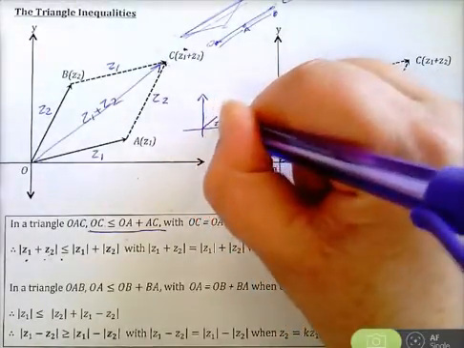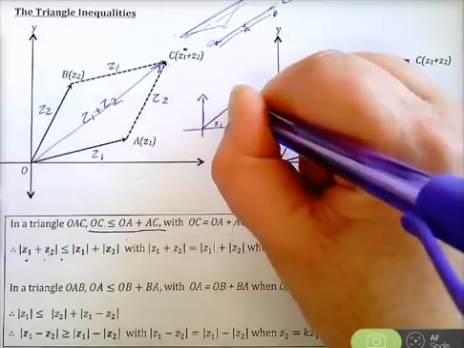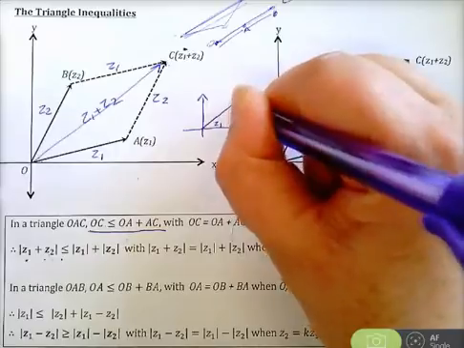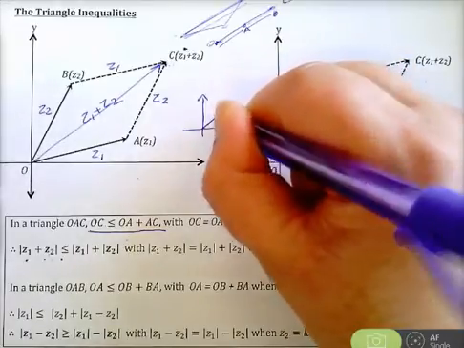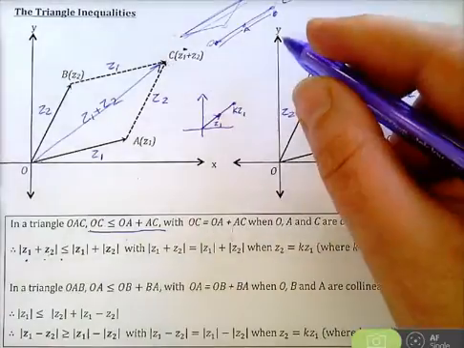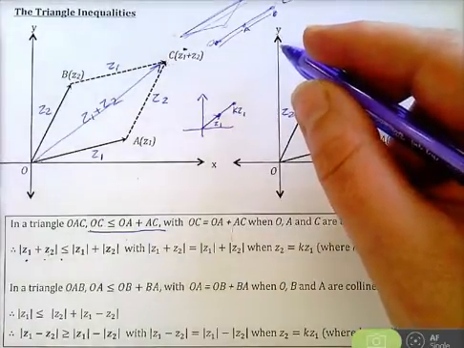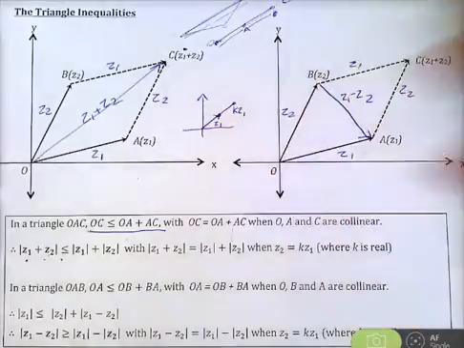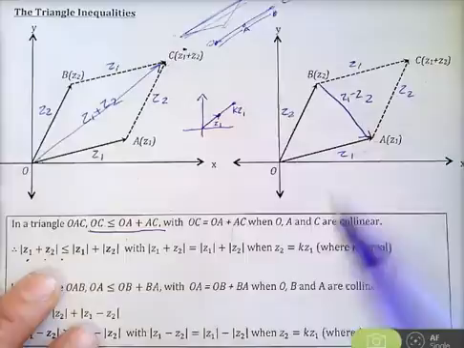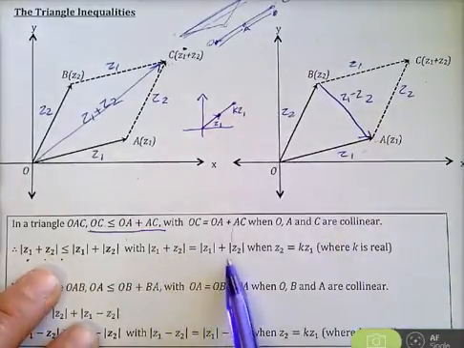So if this is Z1 and this is 2 times Z1, for example, this might be K. So Z1 might be there, but this might represent K times Z1. It's got the same argument, but it's just been lengthened. Okay? So that's the only time when the modulus of Z1 plus Z2 will equal the modulus of Z1 plus the modulus of Z2.